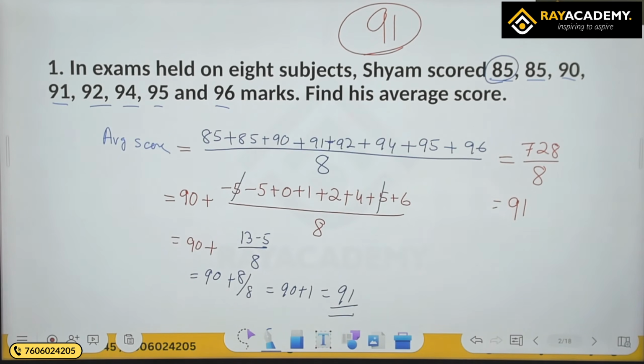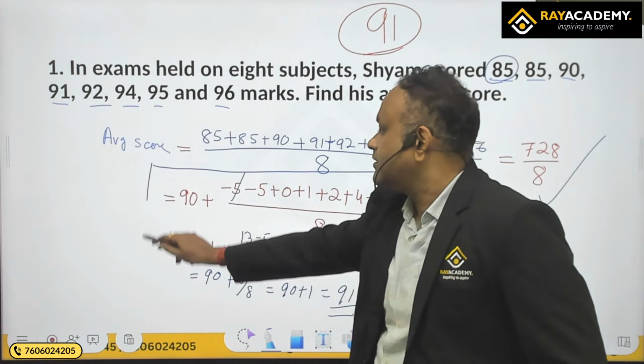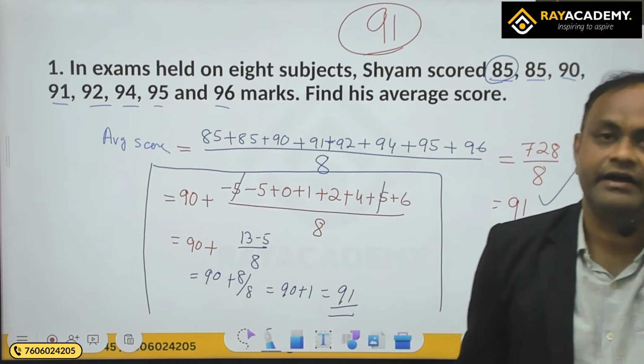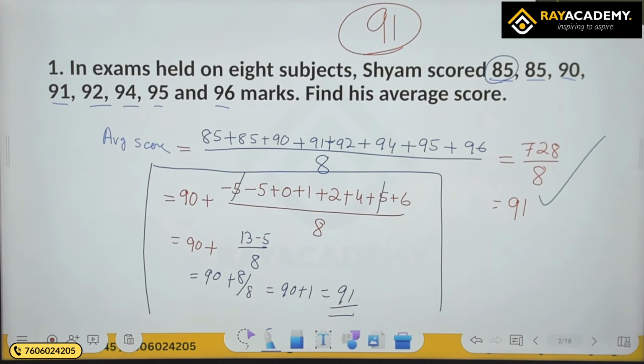So the first method is the conventional approach. Second method we have done some kind of shortcut. This is the second method. So what we have taken? We have taken the reference number as 90. Then each number with reference to 90, either it is more or it is less. Suppose 85, so 85 is 5 less, that is why we have written minus 5.